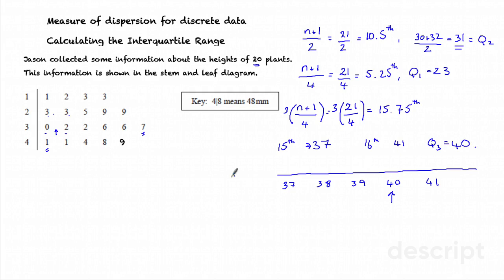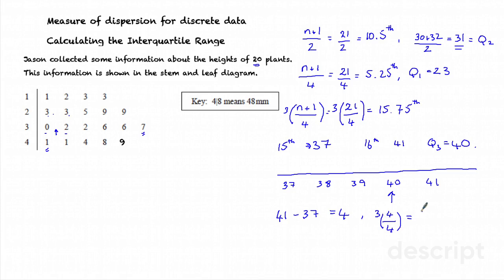Now, that's okay in this case, I can have a look, but what if it wasn't quite such a nice gap? Well, I could see that I needed to do the difference between the two, 41 minus 37, which gave me 4. I needed to take 3/4 of 4.